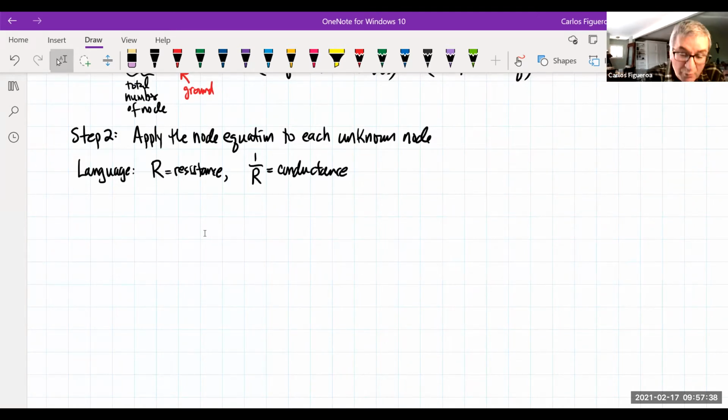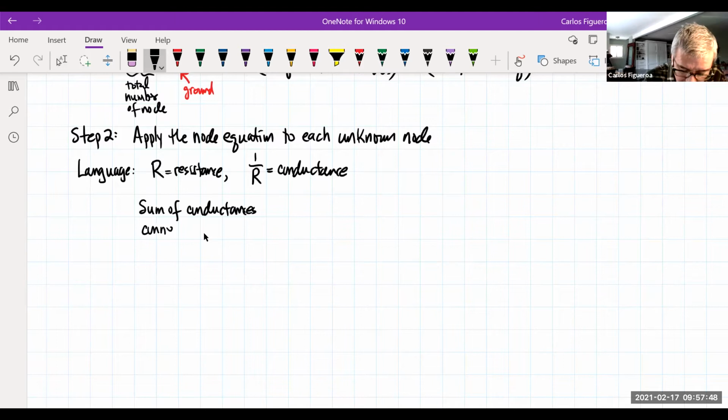So then what we do here is that it's the sum of conductances connected to node 1, which I typically call V1, and then you multiply that times V1. And then you keep doing this, and then you've got to deal with the mutual ones now.